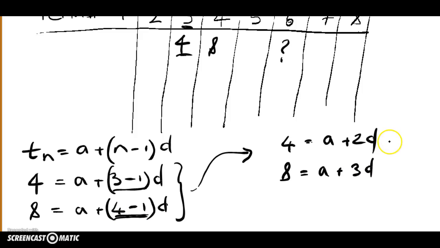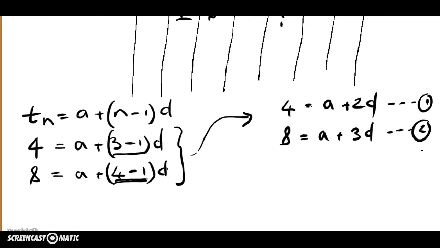Now, if you have a graphics calculator and you go into the solver mode, you could actually solve for a and d. I don't have a graphics calculator, so I'm going to show you how to do this manually. You're going to take equation number 1 and subtract equation number 2, or you can do it the other way around.